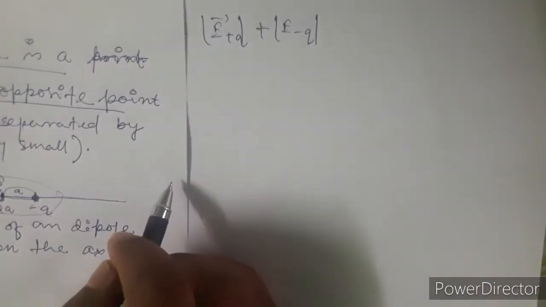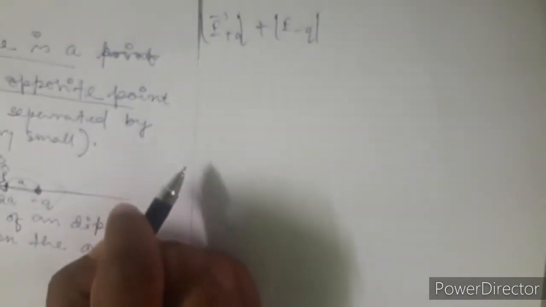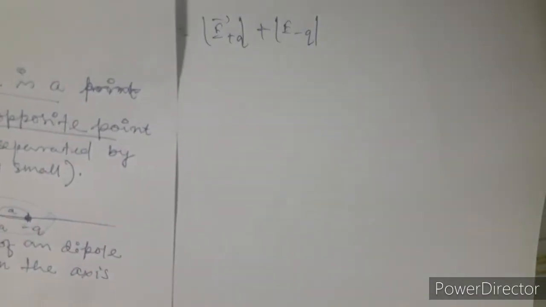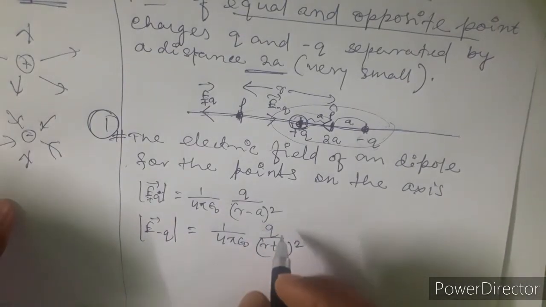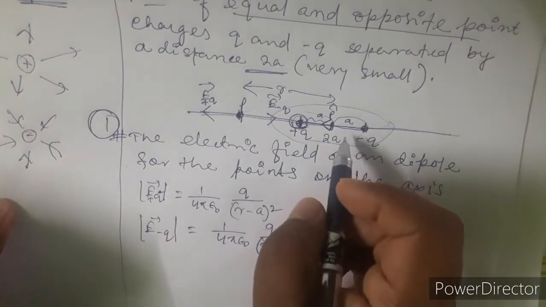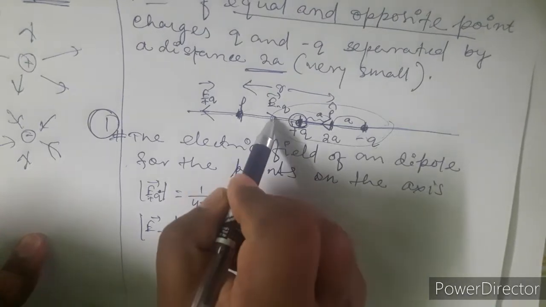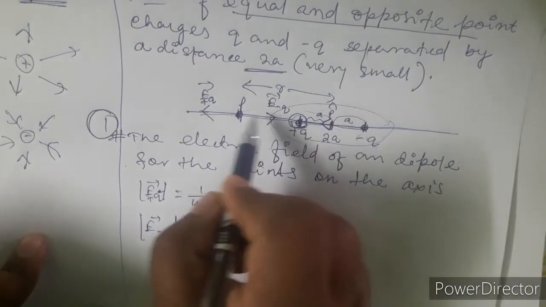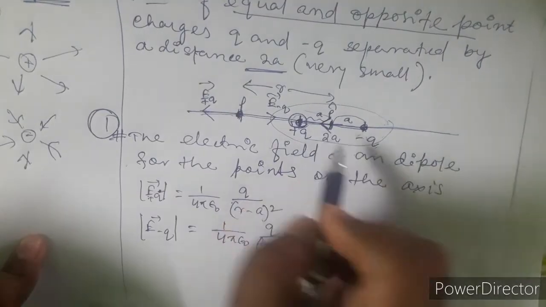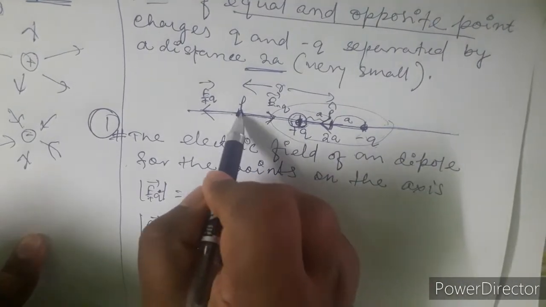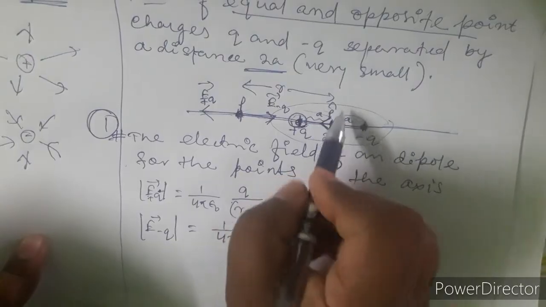And now we'll consider the direction. If we want to write it with the direction, E plus q is along the direction of p, and E minus q is along the direction opposite, minus p.